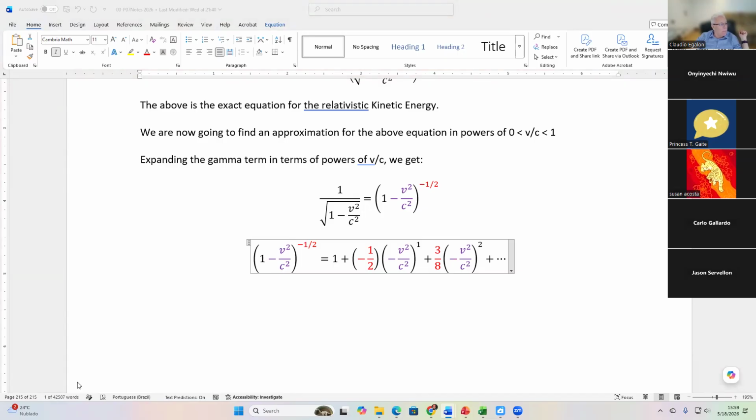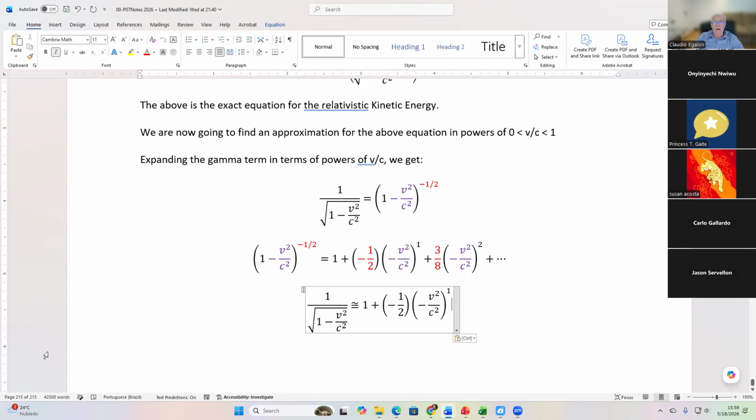Up to the first order approximation, that will be all the way up to here. That will be second order approximation, and the other one will be third order approximation, fourth order approximation, and so on. So up to the first order approximation in v squared over c squared, we get something like that. Notice that now we have an approximation. Here we do not have an approximation, we have an equality sign.